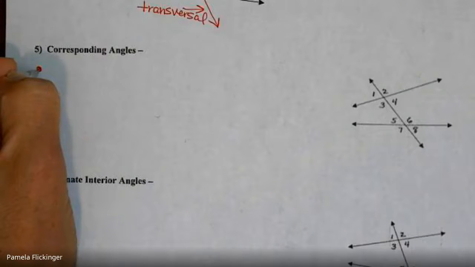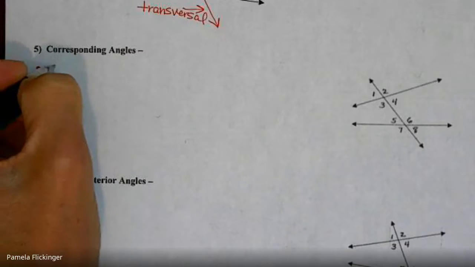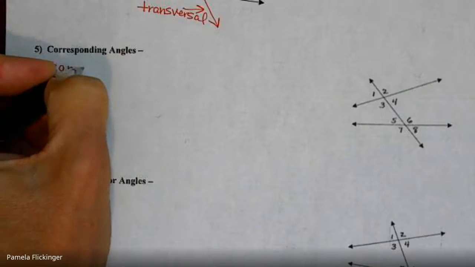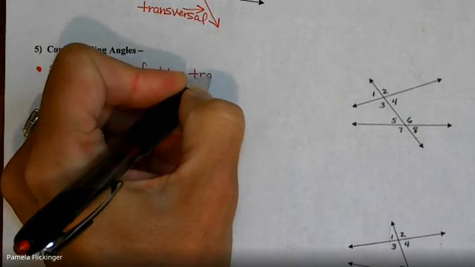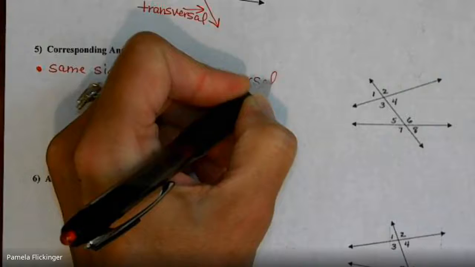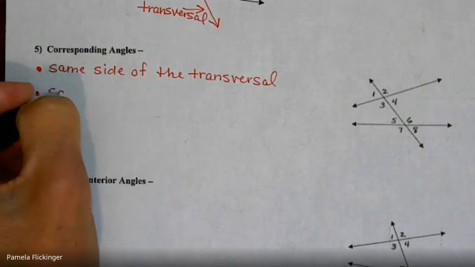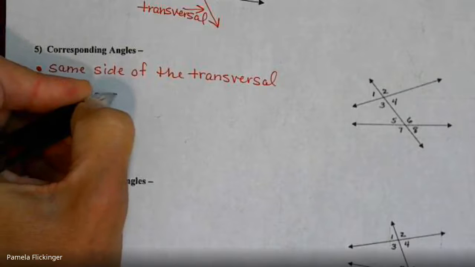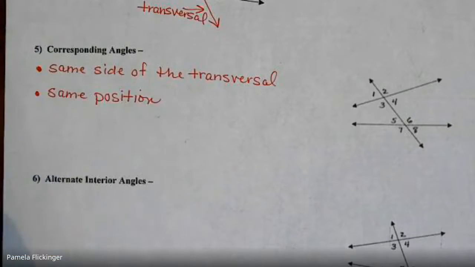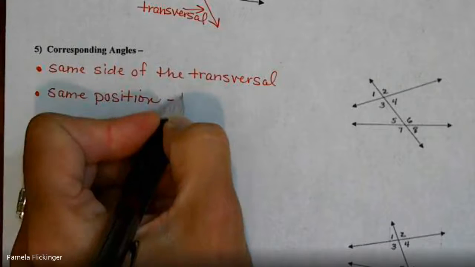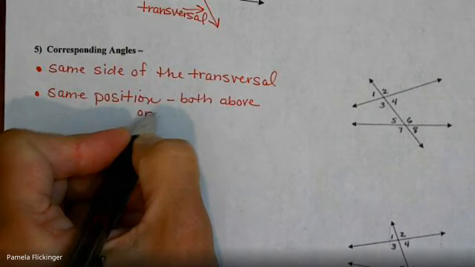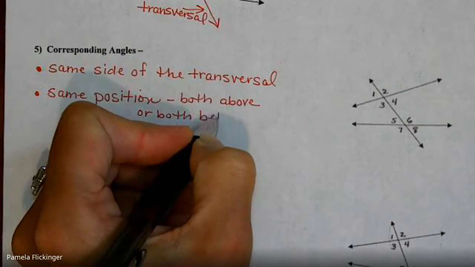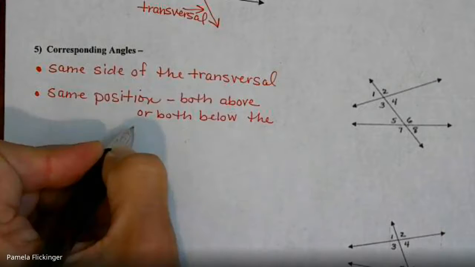With corresponding angles, they need to be on the same side of the transversal, and in the same position. What I mean by that is they both need to be above or both below the other 2 lines.